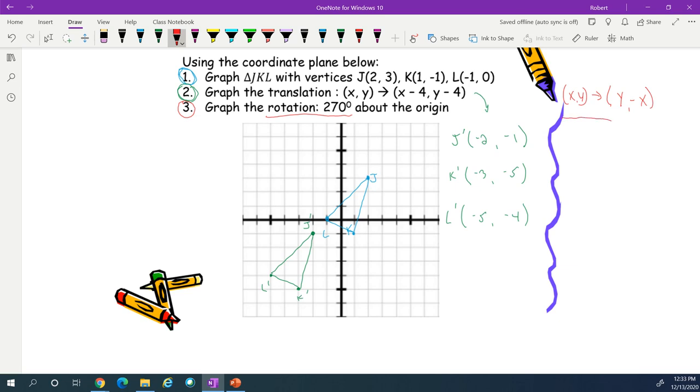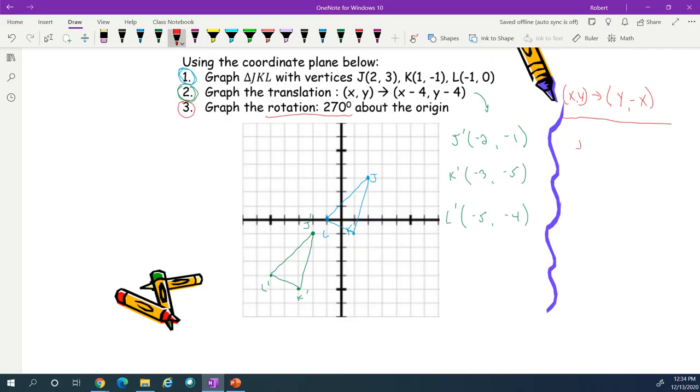All right, so we're just following the rule. Now again, a positive 270 is the same as a negative 90. So if it said rotate negative 90, I would go to my 270 rule and write it down so that I can perform it. We just have to understand that connection.